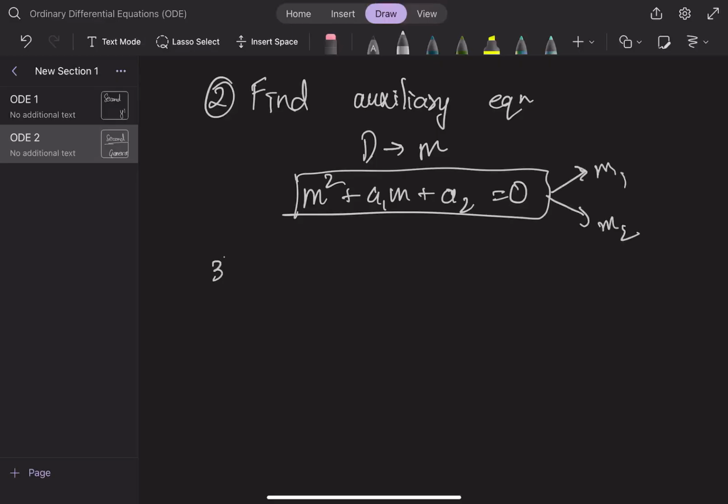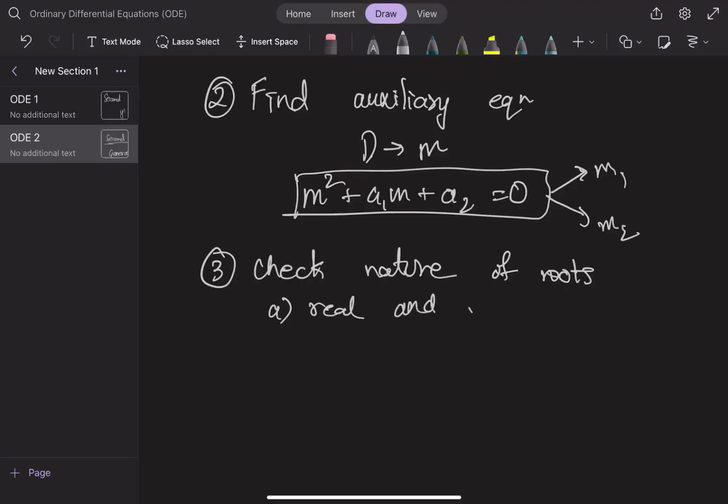Now your third step, this is the most important step. You need to check for the nature of roots. And this can have 3 types, as you may have studied earlier. So let's go over them one by one. So the first type may be that your roots are real and distinct.